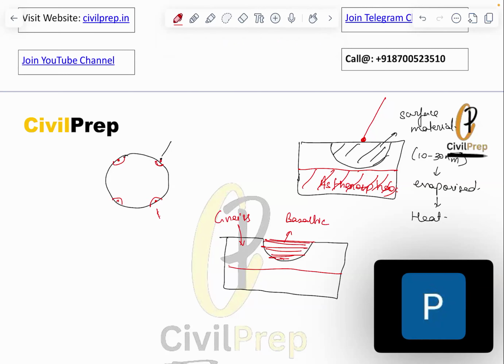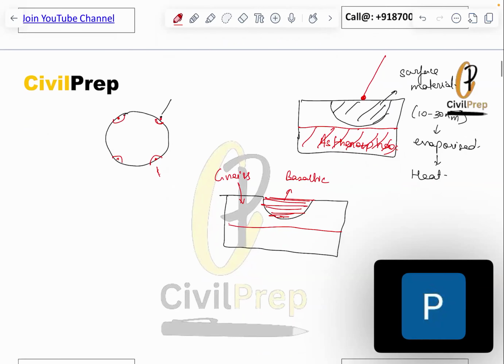Okay, so here we see that when a large number of collisions have taken place over the Earth's crust, this has resulted in the formation of a continental nuclei.